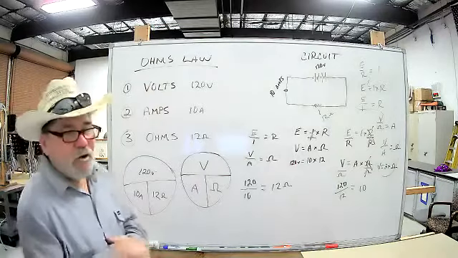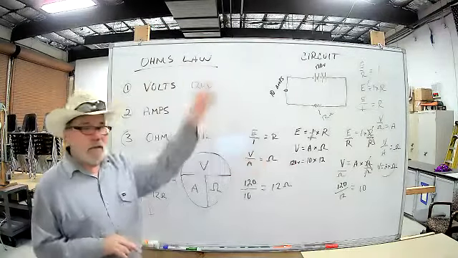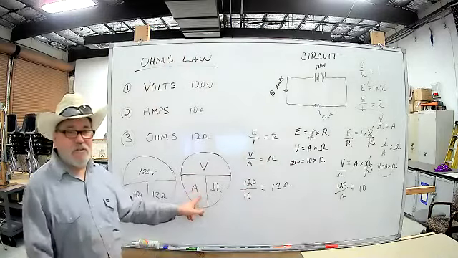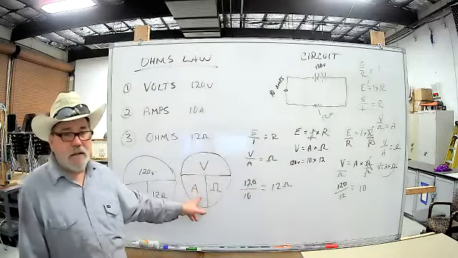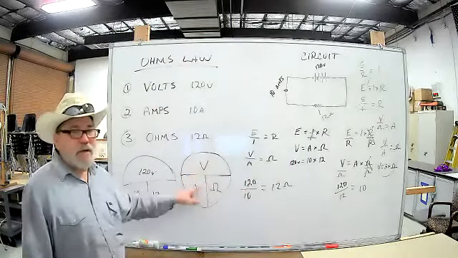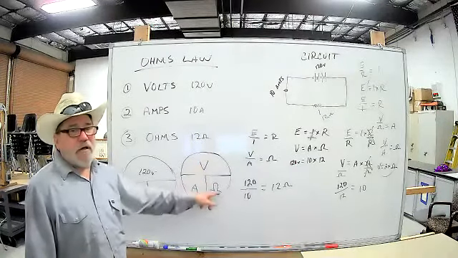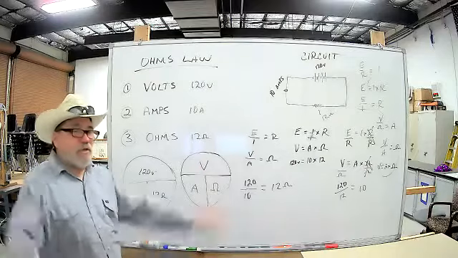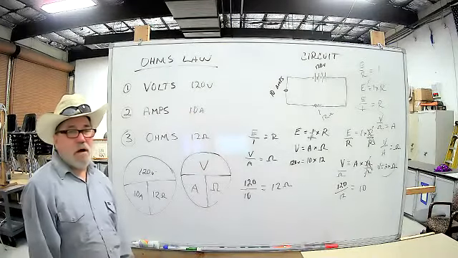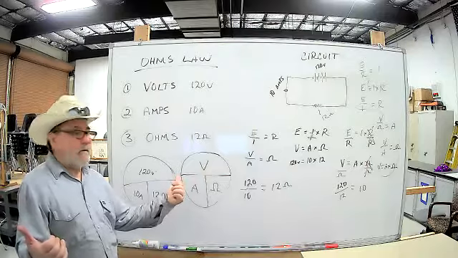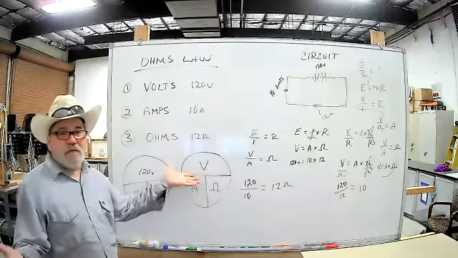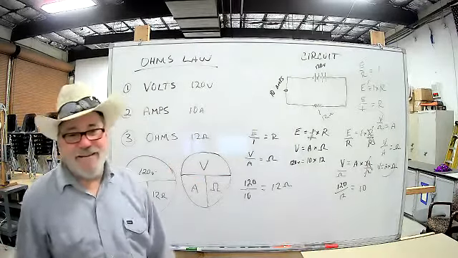I'm asking you to memorize just one thing: how to draw a circle, put V on top, volts on top, amps here, and ohms here. If you can do that, you got Ohm's law. Ohm's law in 30 seconds, right? Anyway, all right.